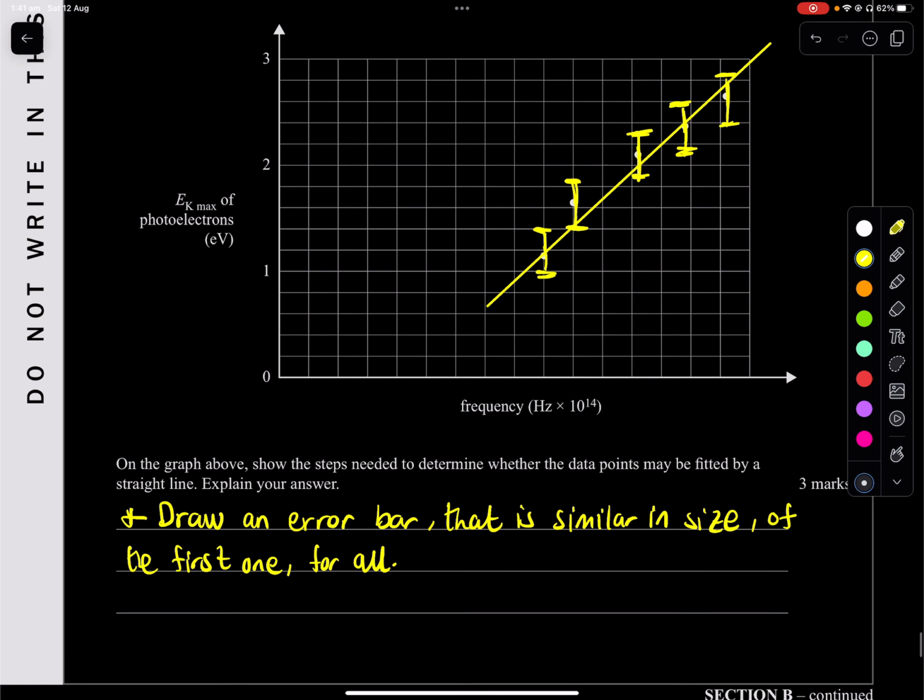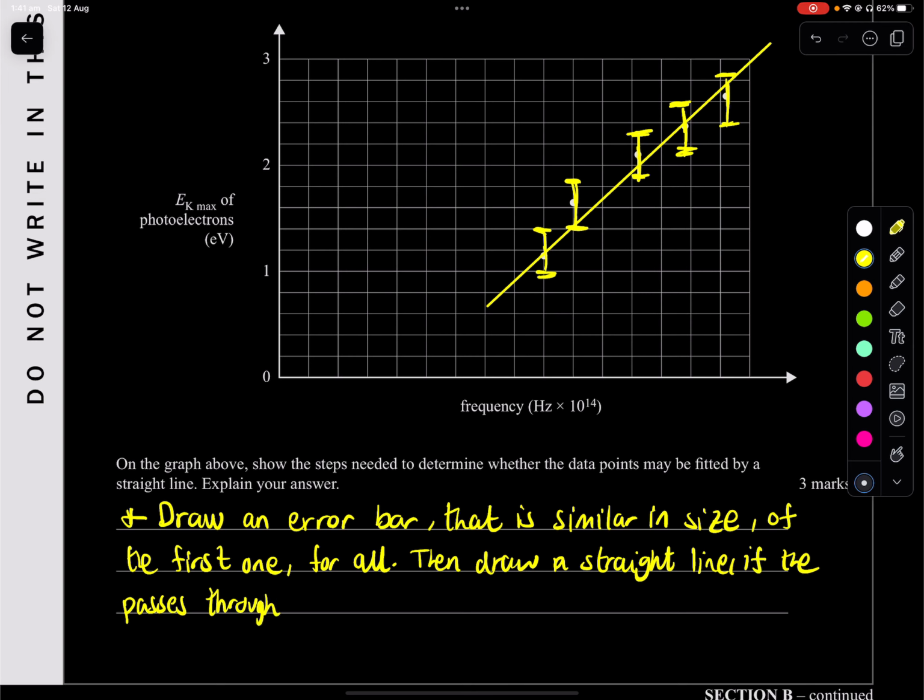Then draw a straight line. If the line passes through all the error bars, then a straight line can be drawn, as shown.